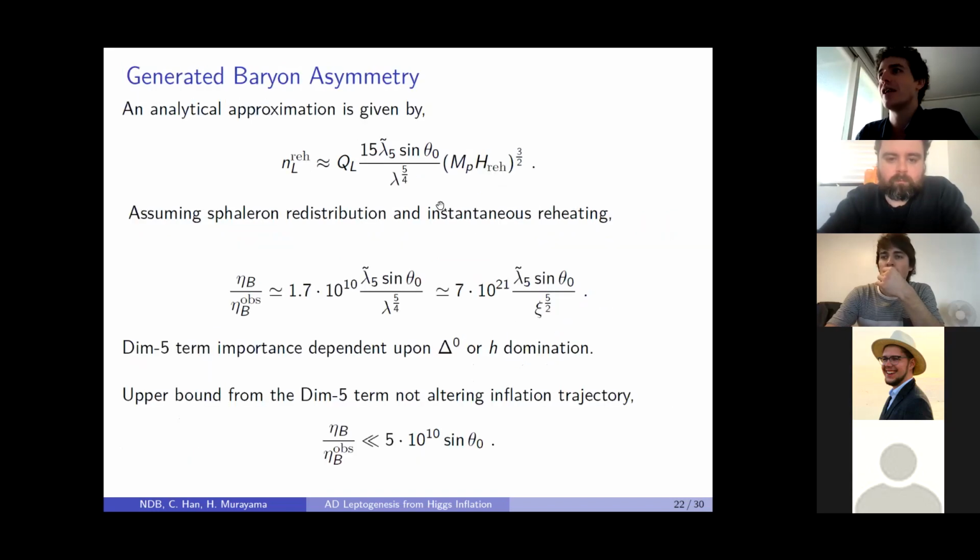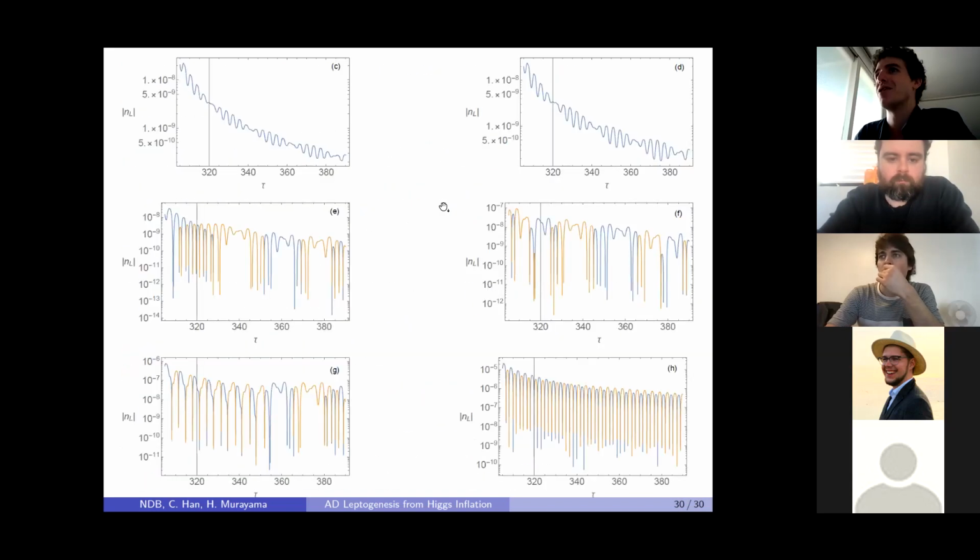I will just show you, I did have in the backup slide what happens if you introduce a large mu. These are the plots of what happens as you increase the factor of mu. This is with a somewhat small mu, and you get some oscillation in the lepton number density. As you increase mu, that oscillation gets larger until, when you violate the approximation, it just becomes chaos.